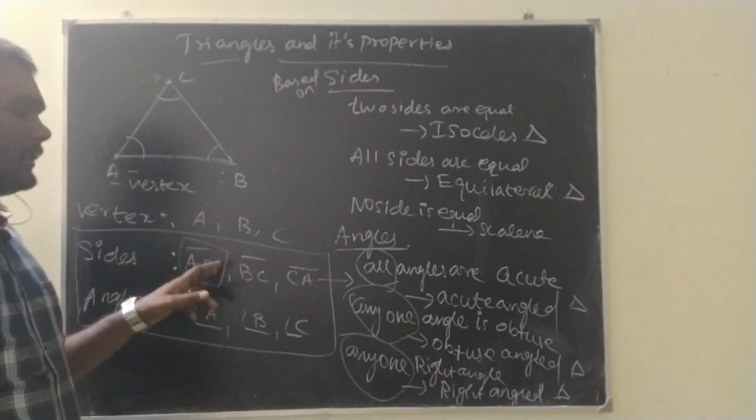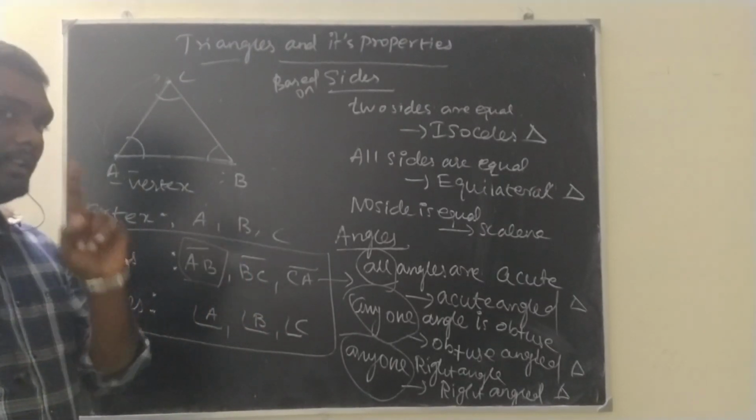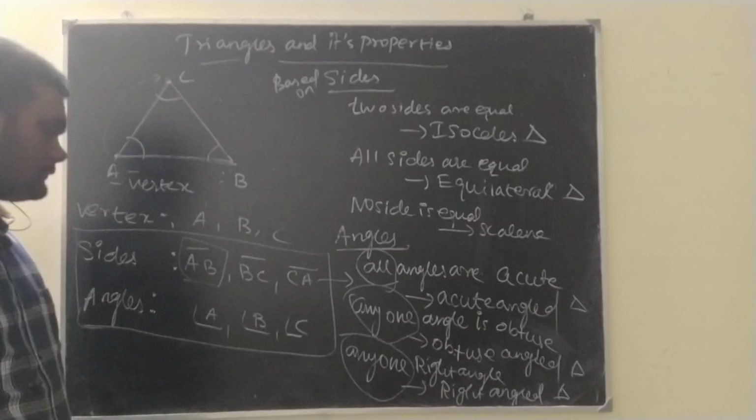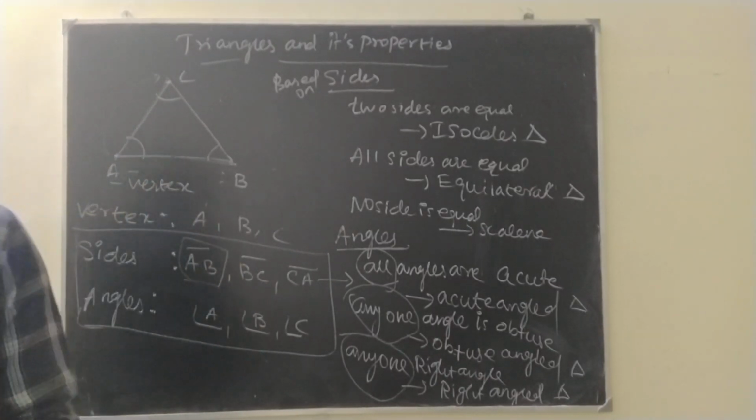What did we observe? When it comes to adjacent, we have a pair. When it comes to opposite, we have only one. Okay. Clear? For each angle, we have only one opposite side.